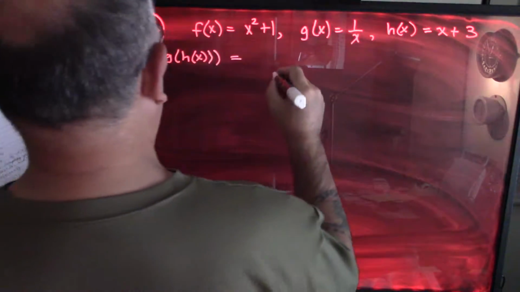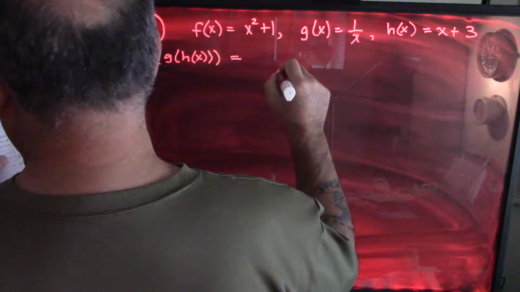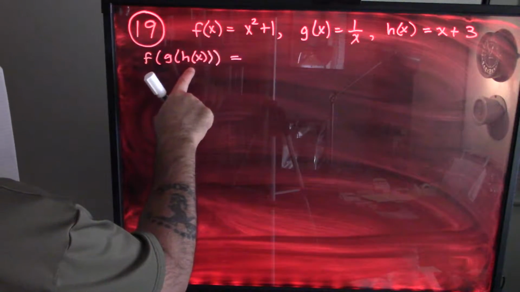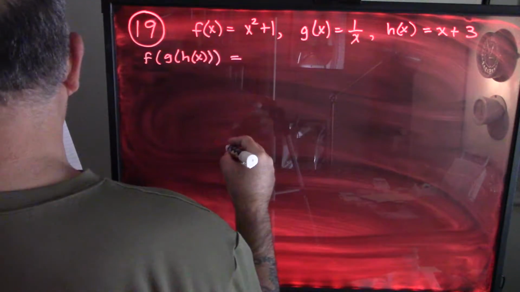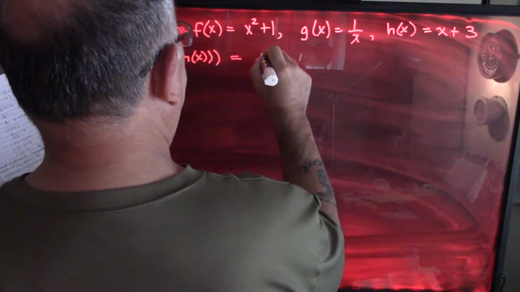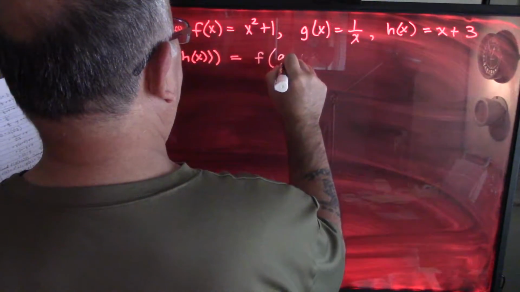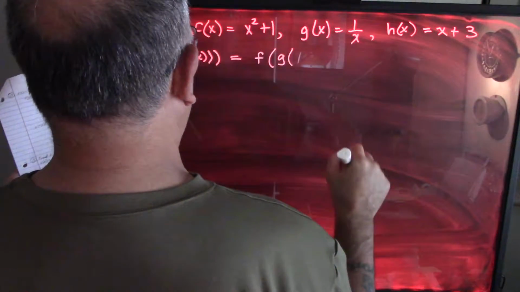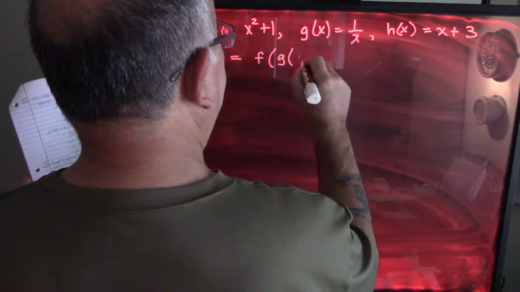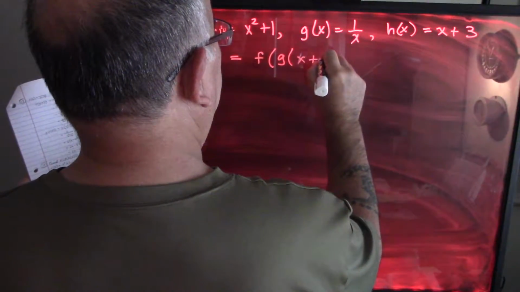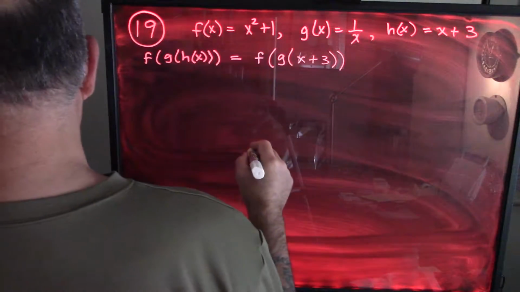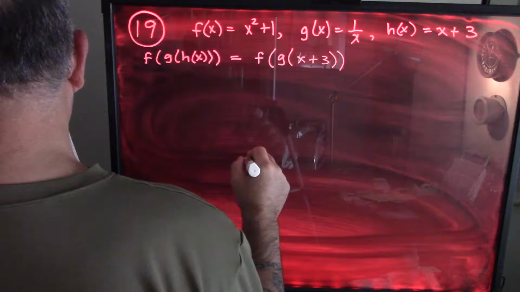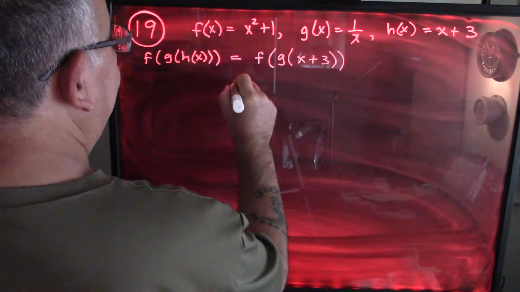So what's the innermost function? h of x, x plus 3. We'll write out f and g here. f of g of x plus 3.